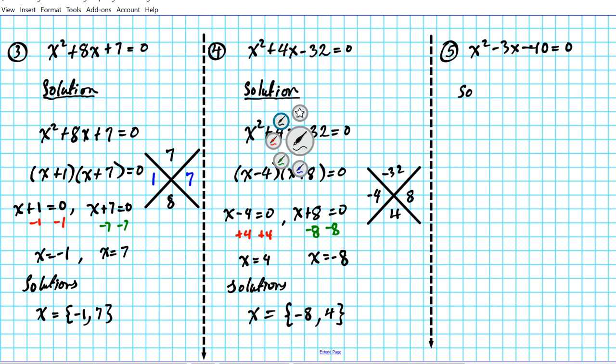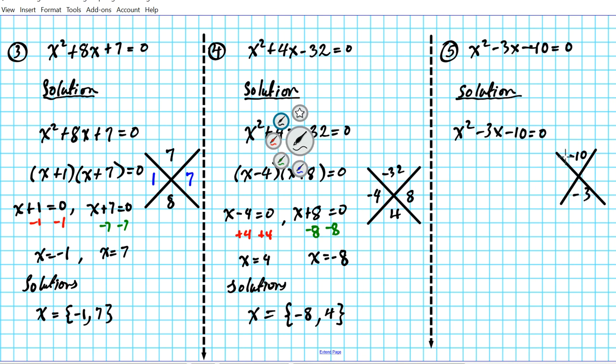Okay, so let's go ahead and solve that by factoring. So we have x squared minus 3x minus 10 equals 0. There's no GCF to be factored out here, so we're just going to use the x game to finish it off. AC is negative 10 and B is negative 3.